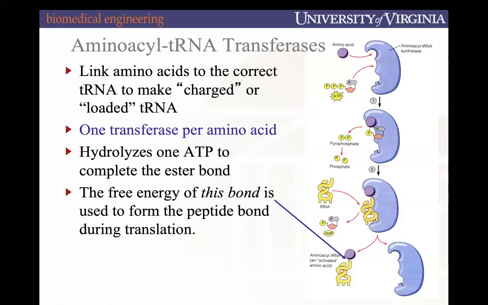The energy of this ester bond is going to be really key later on when we're creating peptide bonds between adjacent amino acids on the growing peptide during translation. A key thing to note, in blue here, is that we're going to have one specific transferase for each amino acid.